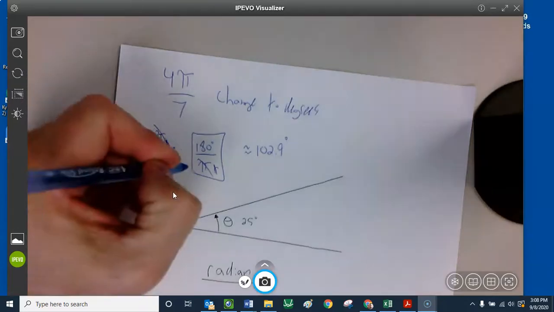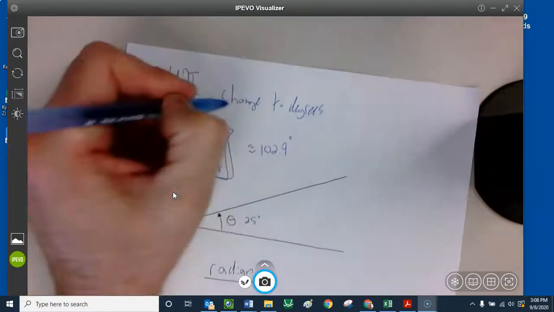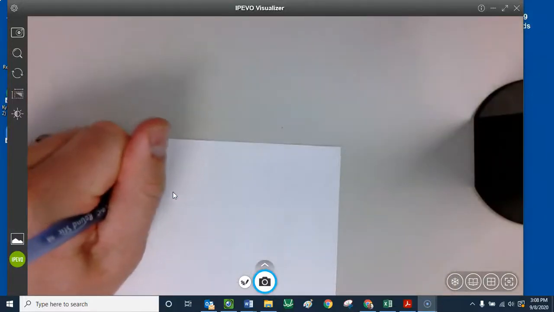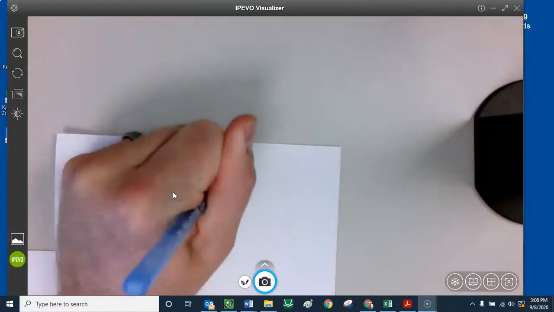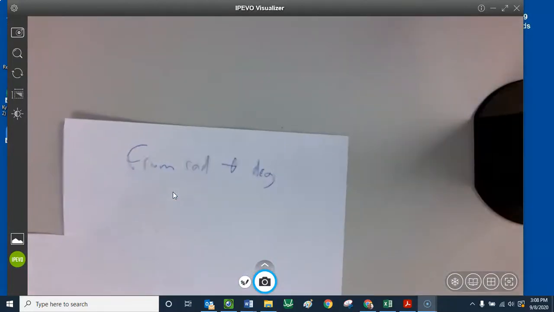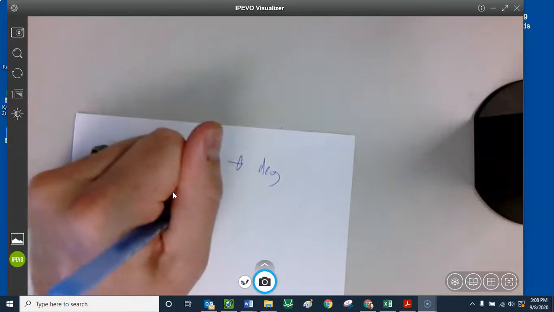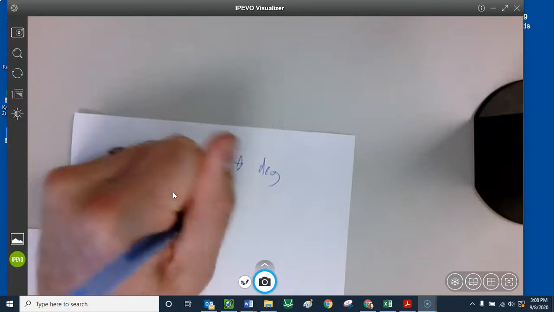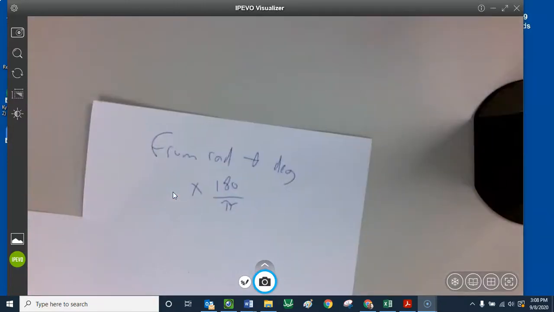Check. There's our little conversion factor. If you ever want to change from radians to degrees, we're going to multiply by 180 over pi. Okay?